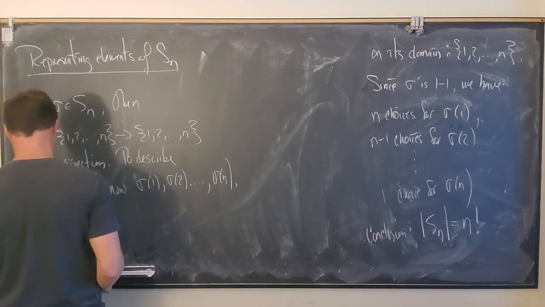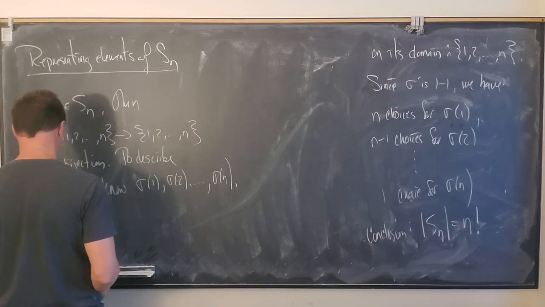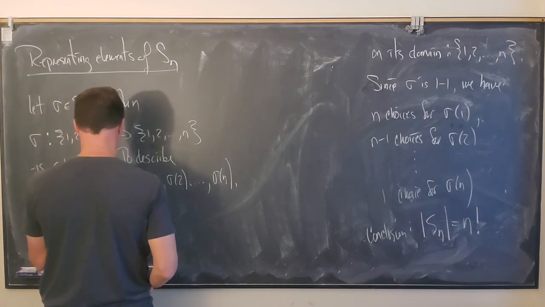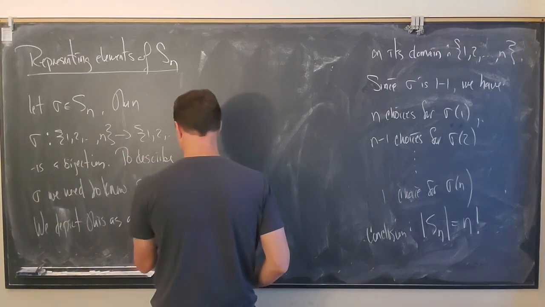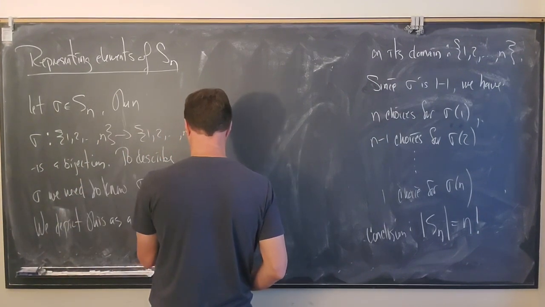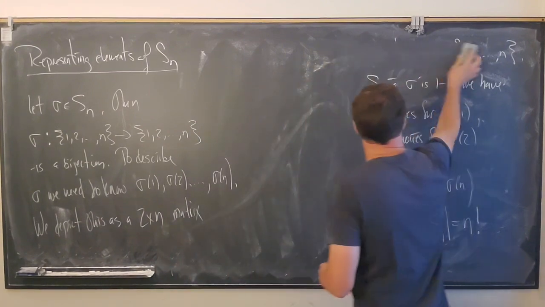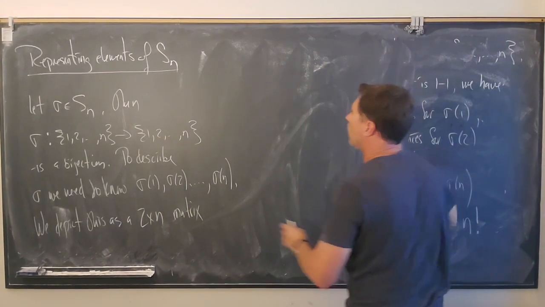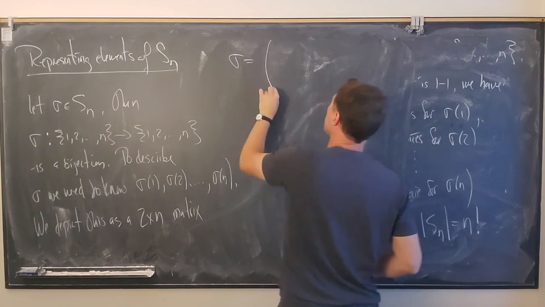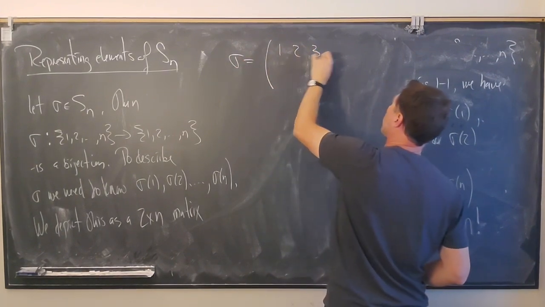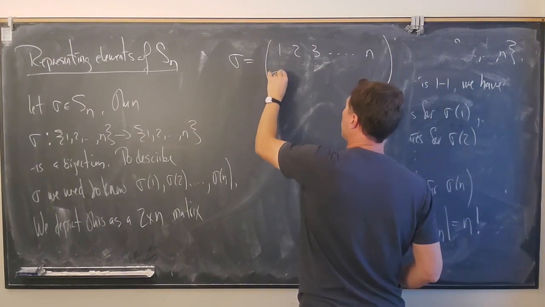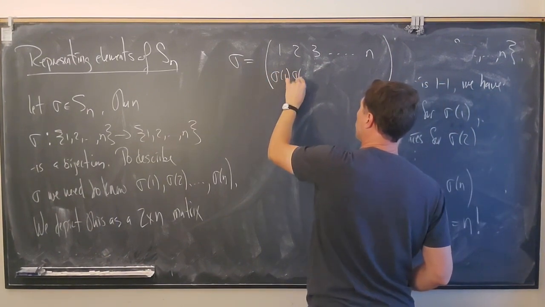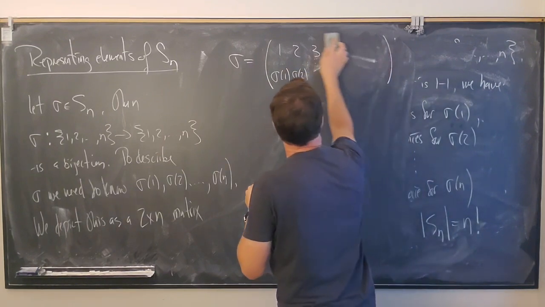We depict this as a 2 by n matrix as follows. We write sigma equals, in the top we'll do 1, 2, 3, dot, dot, dot, all the way to n. Below 1, we will write sigma of 1. Below 2, we'll write sigma of 2. I've made it a little too crowded here.